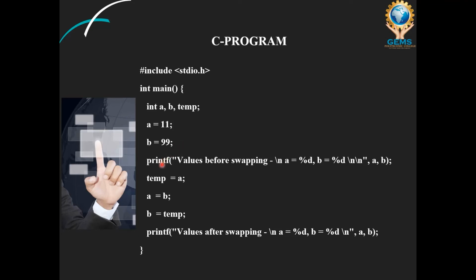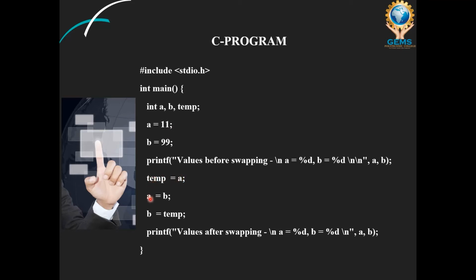Now I print these values before swapping, just for your reference, to help you understand more clearly. Now the swapping concept is working here. Please try to understand this point. Now temp equal to A. A has 11, so this A value is going to be assigned to the temp variable.